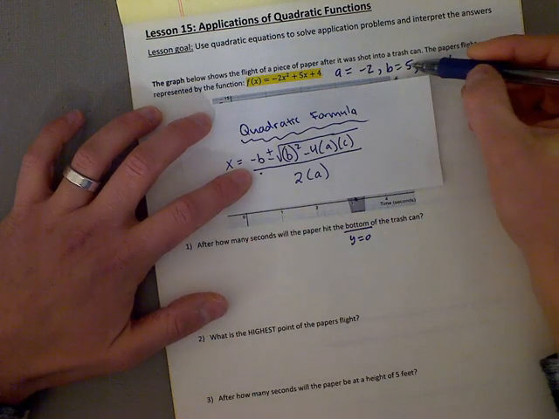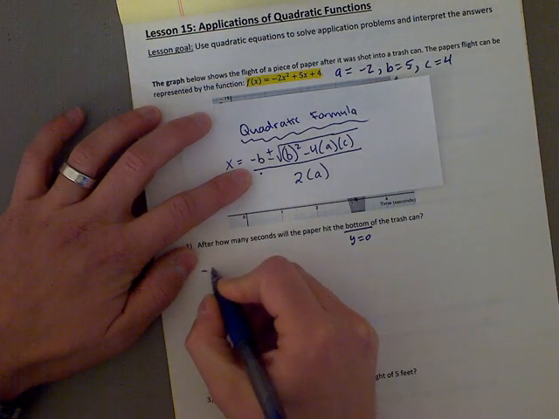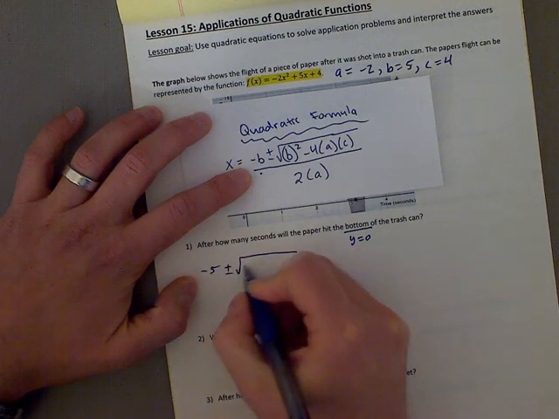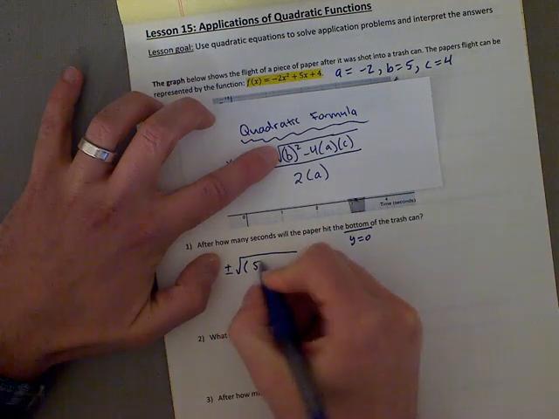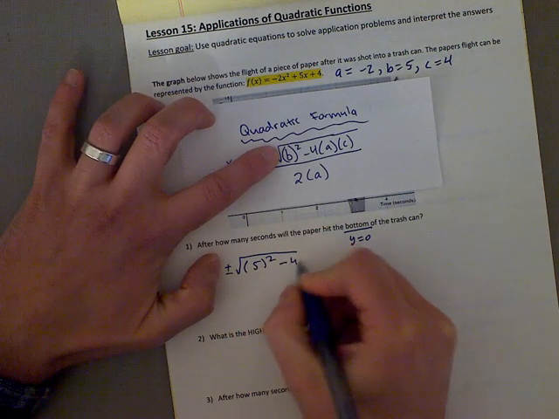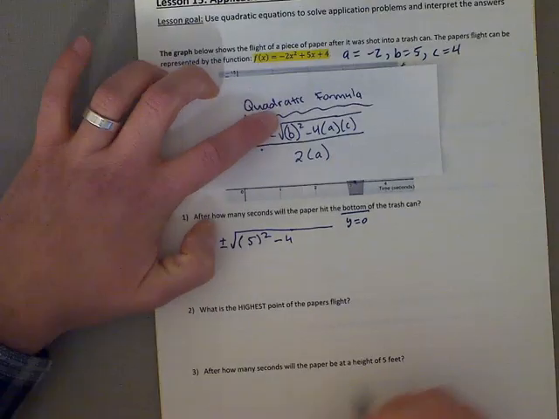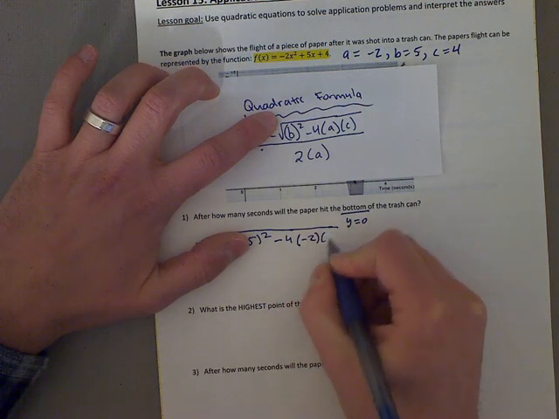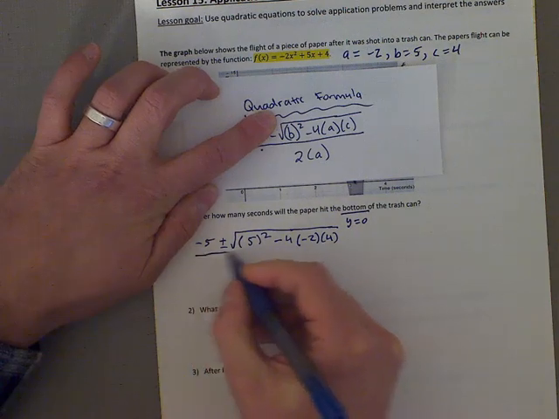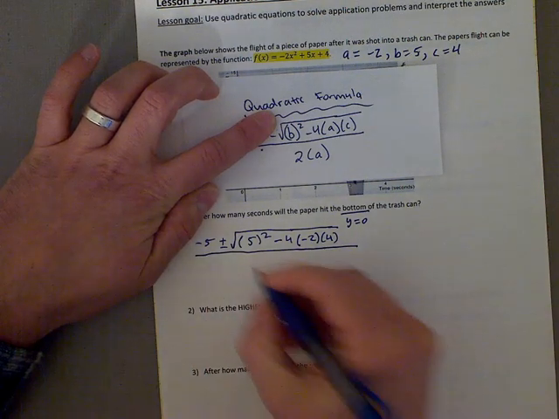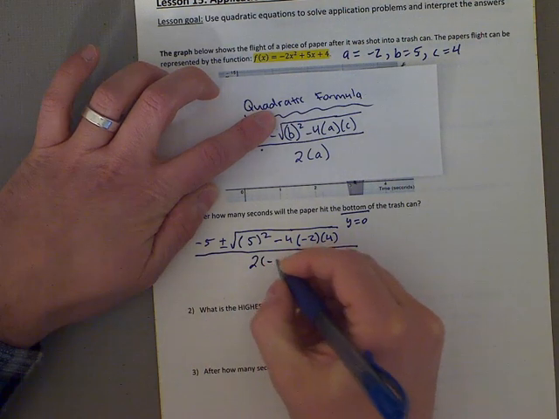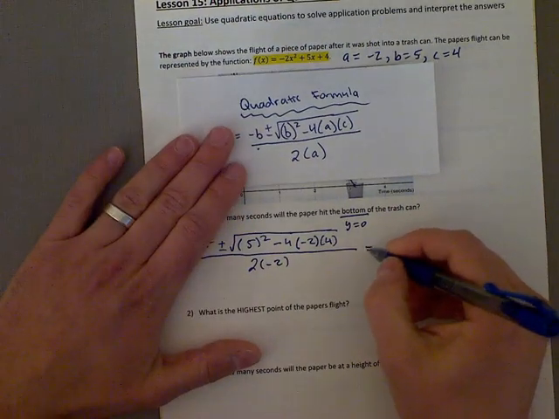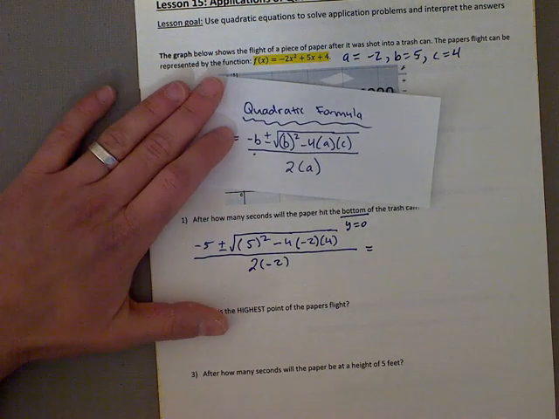Since b is 5, it's going to start with negative 5 plus or minus the square root of b, 5 squared, minus 4 times a, which is negative 2, times c, which is 4, everything divided by 2 times a, which is negative 2. And then we'll simplify it a little bit and approximate the answer as a decimal.